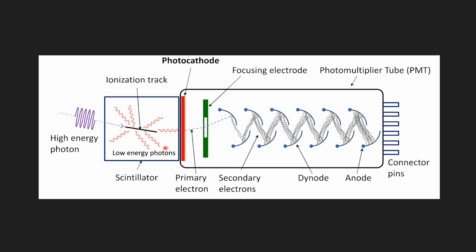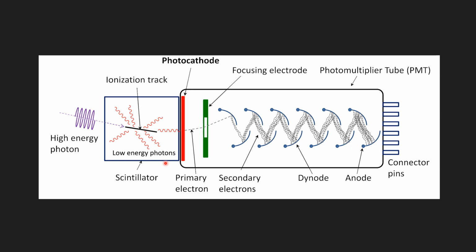The nuclear particle will enter the scintillator medium, and an electron in the material will absorb the energy from the radiation or nuclear particle and jump to a higher band. After that it will de-excite to a lower energy level, and it will release energy. So the light photons will focus on the photocathode. As we can see here, this is the photocathode. So here the photoelectric effect will happen.